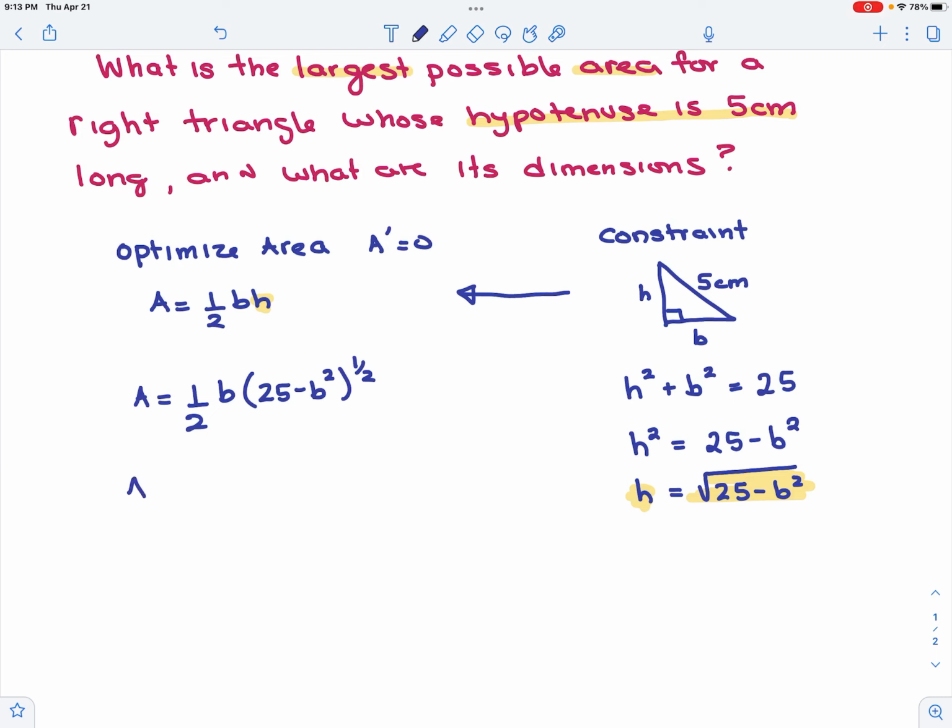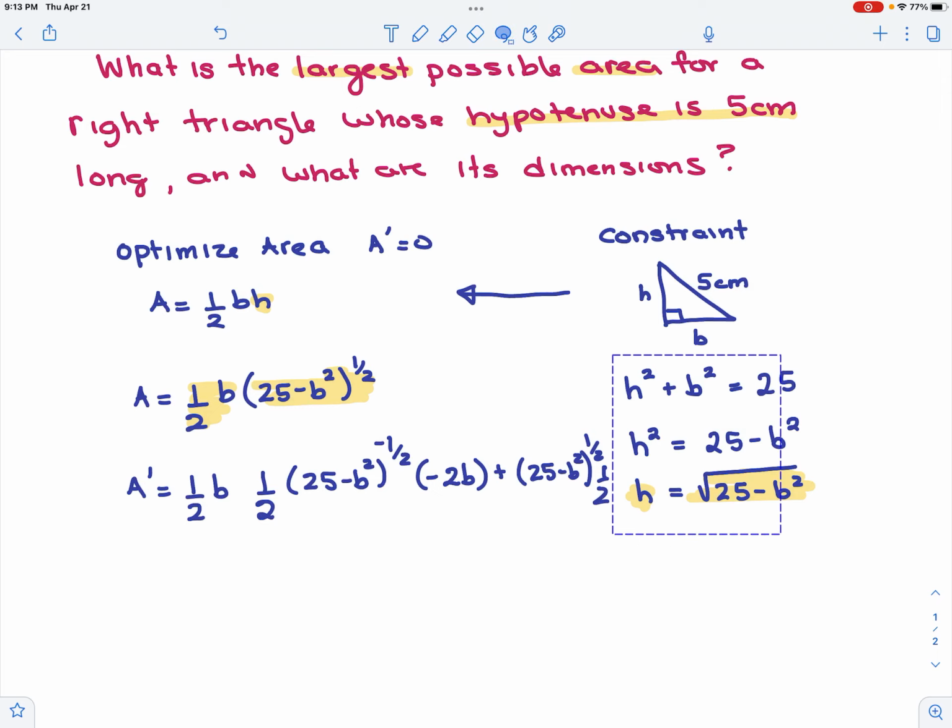Okay, so now I'm going to find the derivative, and I'm going to use the product rule here, with this being my first and this being my second. So we will get first times the derivative of the second, times the derivative of the inside, so just the chain rule there, and then plus second times the derivative of the first, which is 1/2.